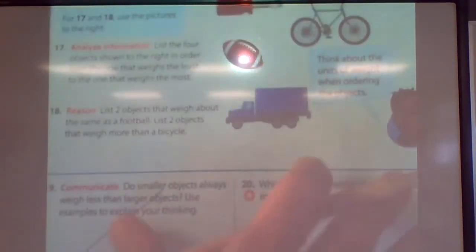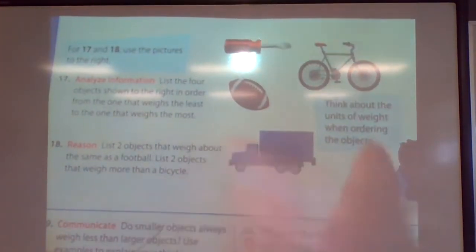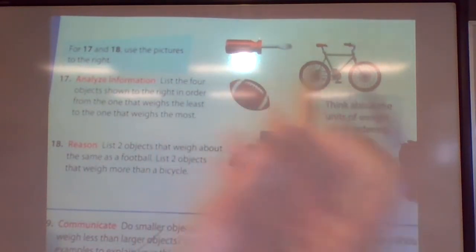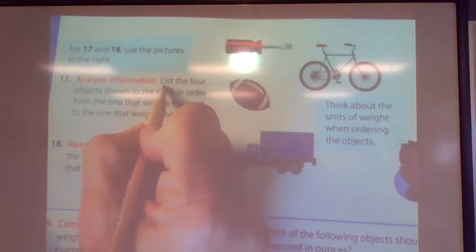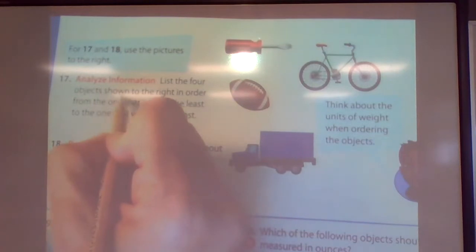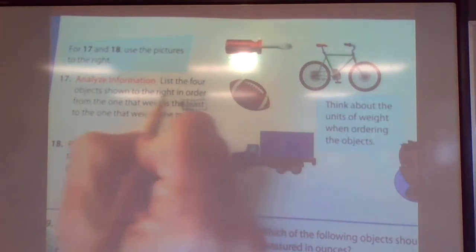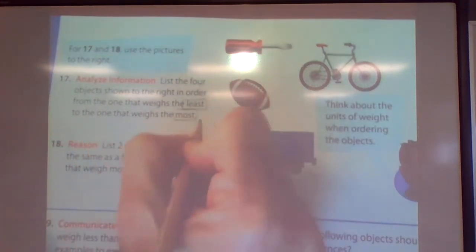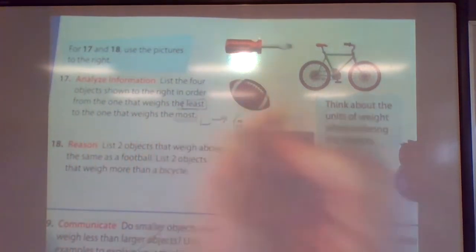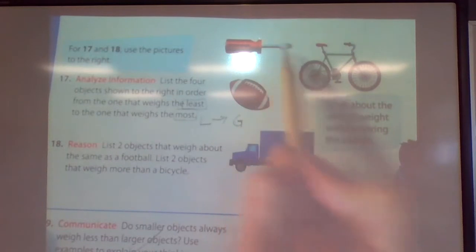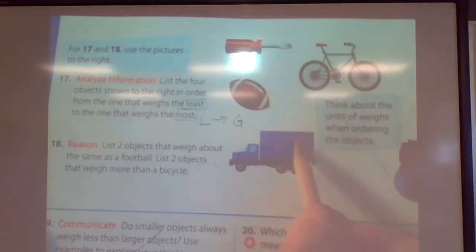On the back, we're looking at number 17 and 18, and we're using these pictures. Number 17 says, list the 4 objects shown to the right in order from the one that weighs the least to the one that weighs the most. Guys, that is a least to greatest question. You're going to list the screwdriver, the bicycle, the football, and the truck in order from least to greatest.